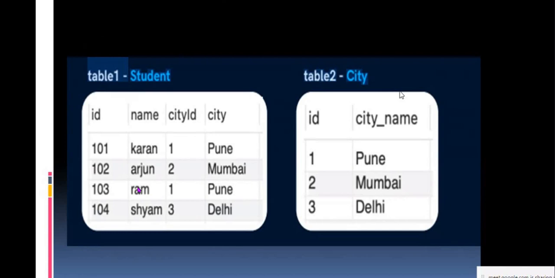But in the student table, city ID will be the foreign key, because in one table there will be only one primary key. So this is the difference between the primary key and the foreign key.